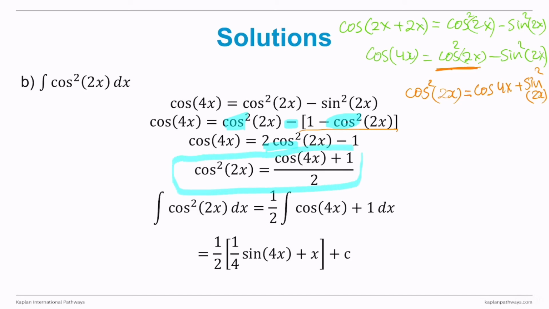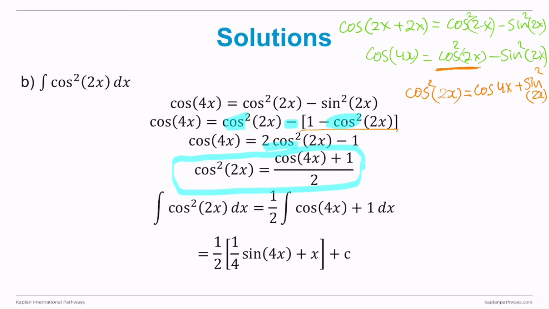And we reach this form. Instead of the cosine squared, we replace it by cosine 4x plus 1 over 2 dx. We put the 1 over 2 outside the integration, and then we integrate.